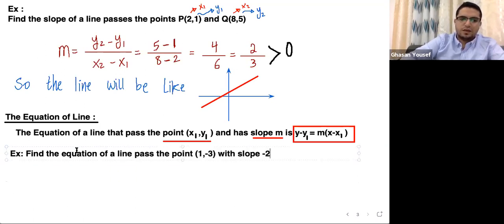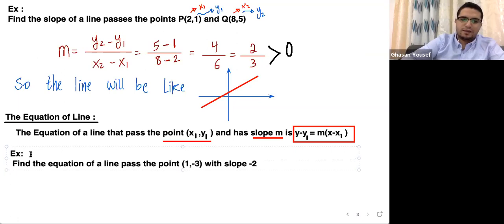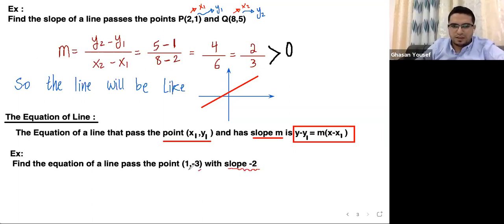How can I find the equation of the line? This line passes the point (1, -3), and this line has a slope of -2. So my slope is -2 and the point is (1, -3).